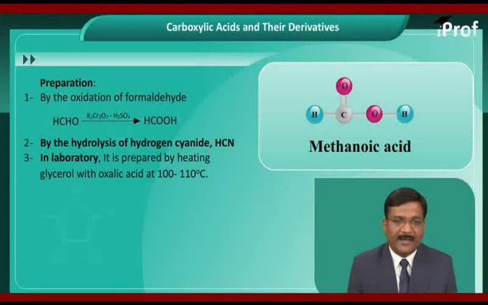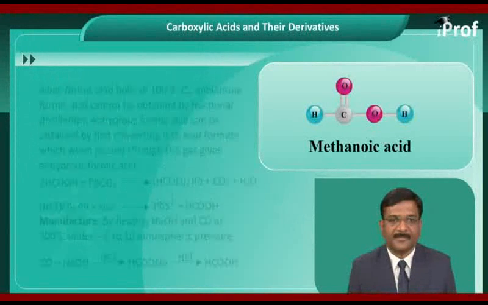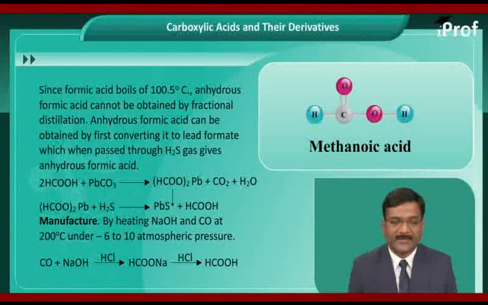In the laboratory, it is prepared by heating glycerol with oxalic acid at 110 degrees centigrade. Since formic acid boils at 100.5 degrees centigrade, anhydrous formic acid cannot be obtained by fractional distillation.